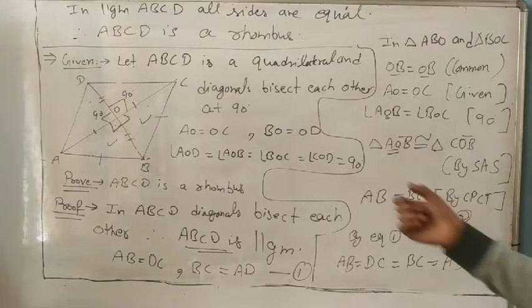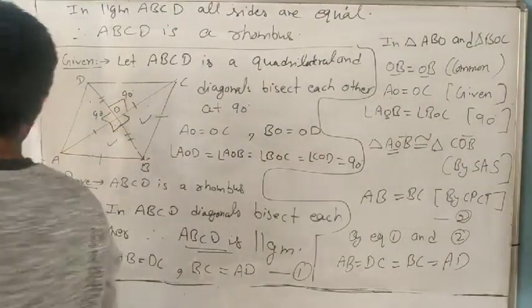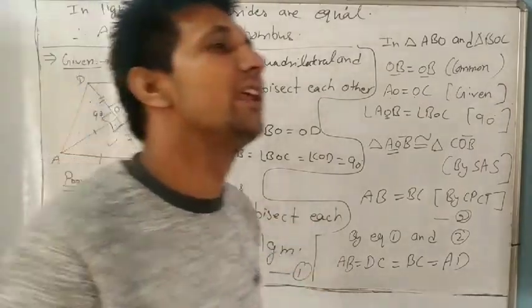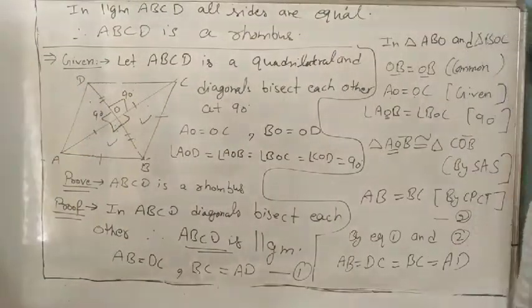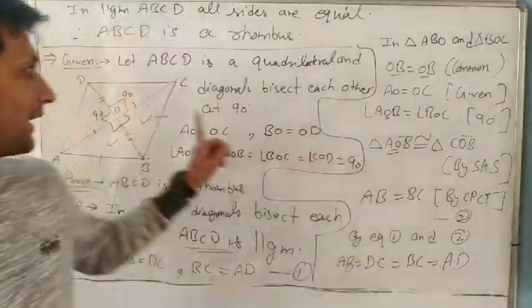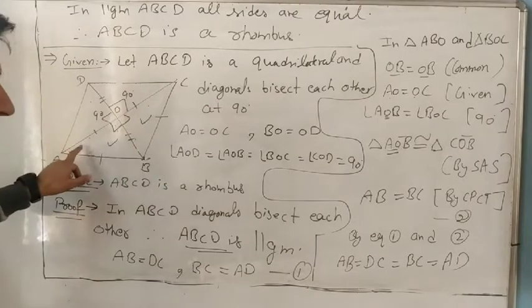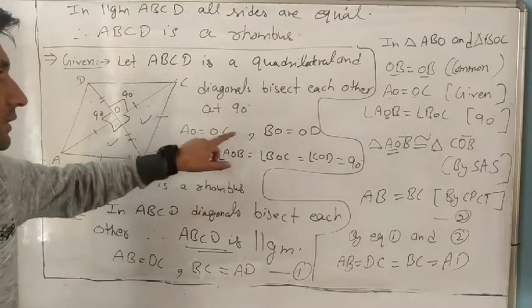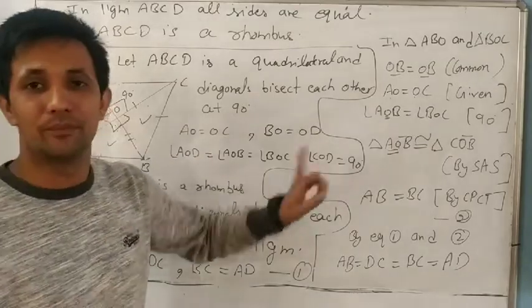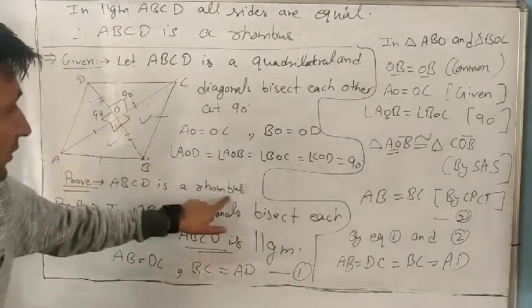Do you get the point? Yes. ABCD is a quadrilateral given, and we have to prove that it is a rhombus. The property given is that the diagonals bisect. Bisect means AO equal to OC, BO equal to OD, and they bisect at 90 degrees.